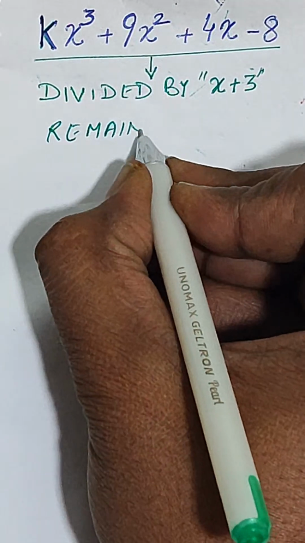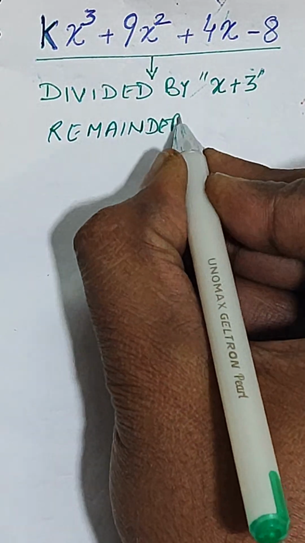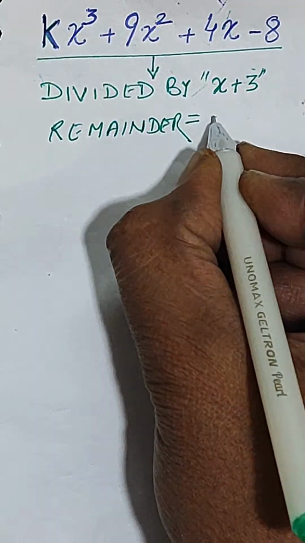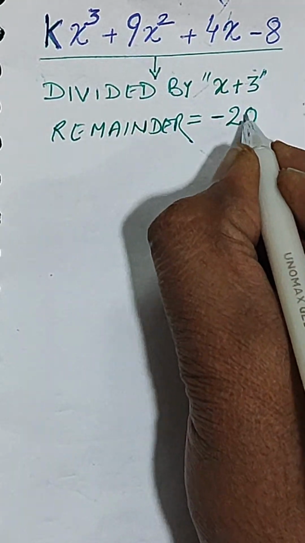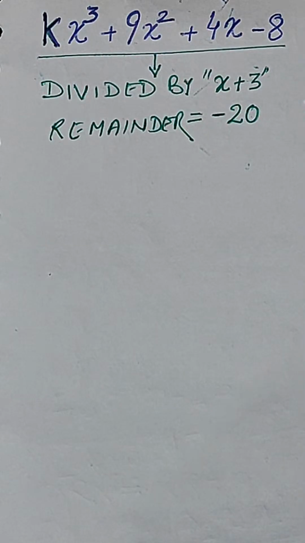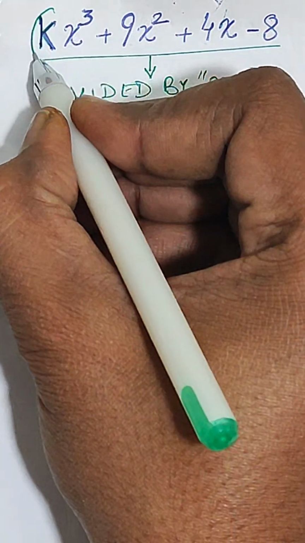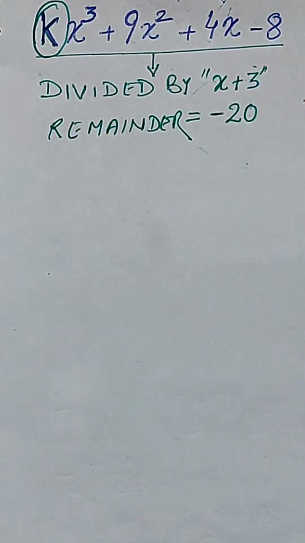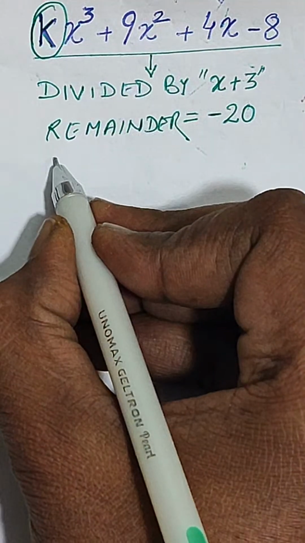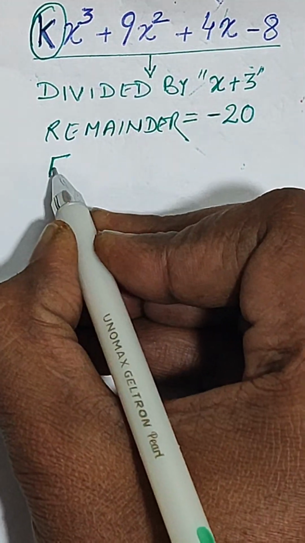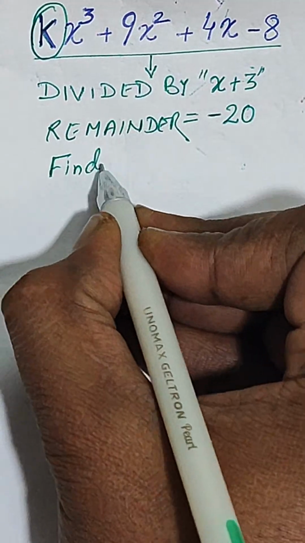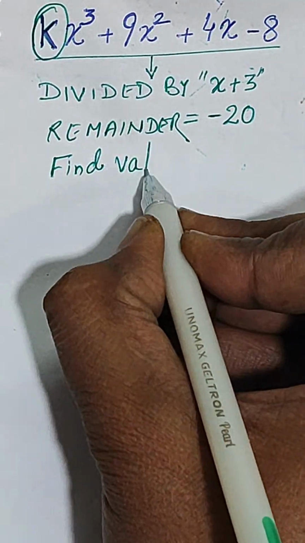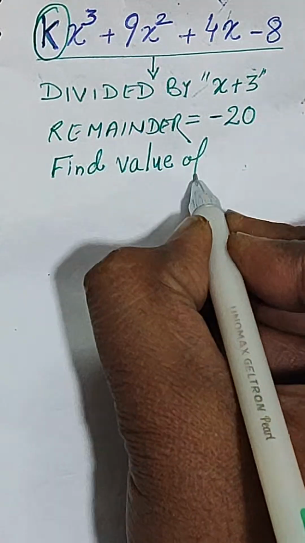It will give you the remainder as equal to minus 20. Then what is the value of this k? Then we need to find the value of k.